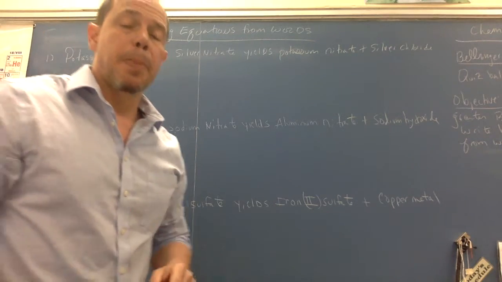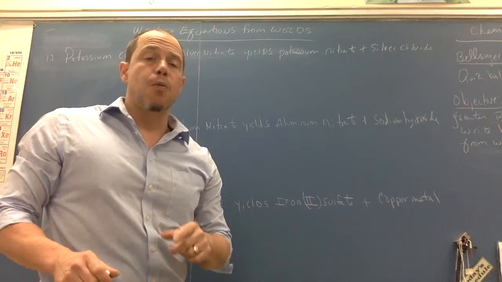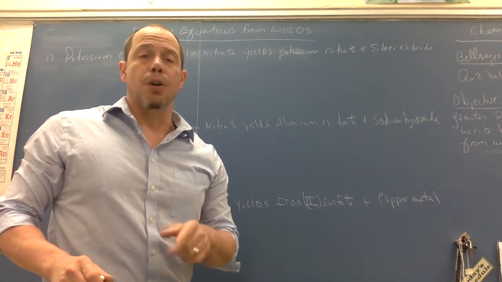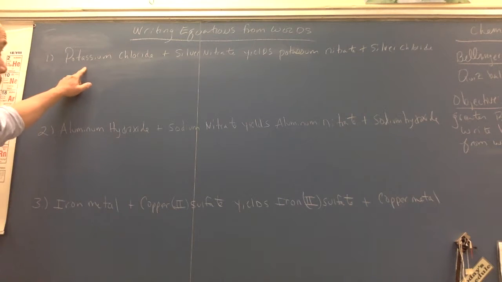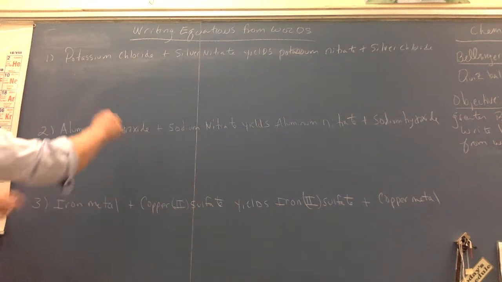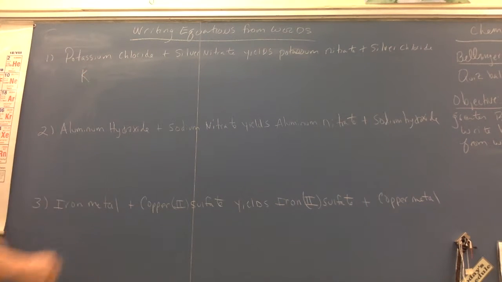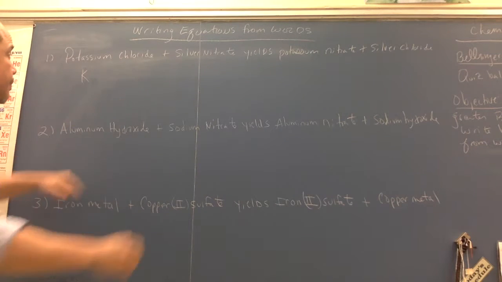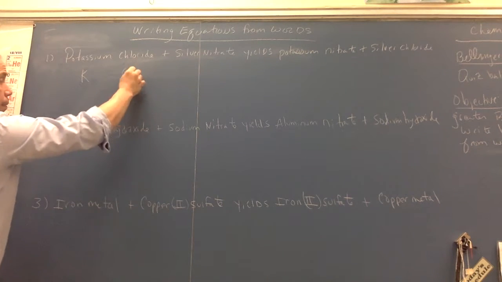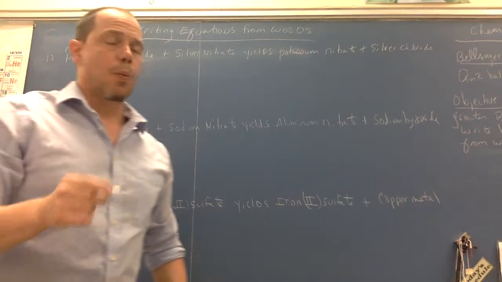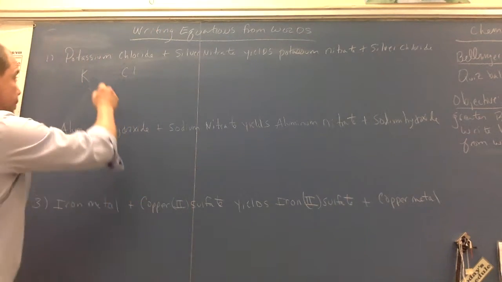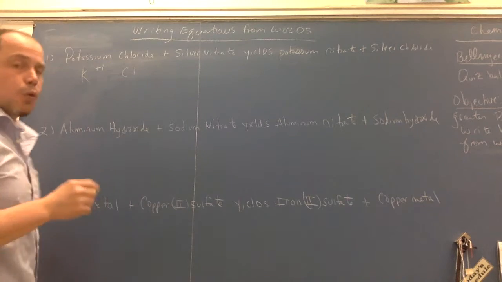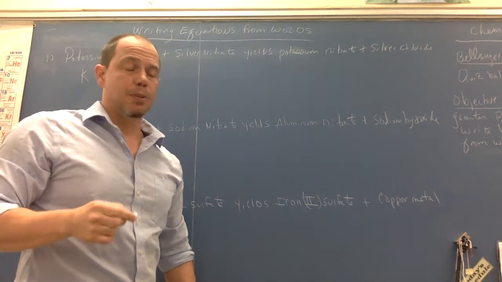First thing we've got to do is write down the chemical formula for each one of the words that we have on the board. So let's start with the potassium chloride. Remember, potassium is K, chloride is Cl. So we're mixing the potassium with the chlorine. Potassium has a +1 charge. Group 1 elements all have +1 charges.